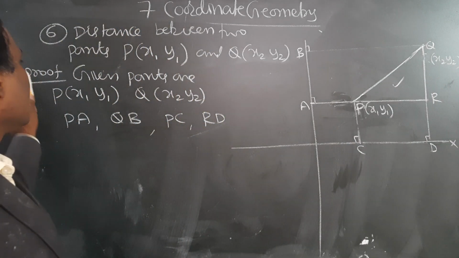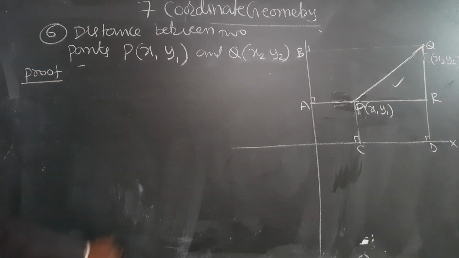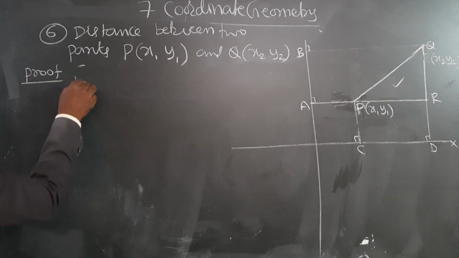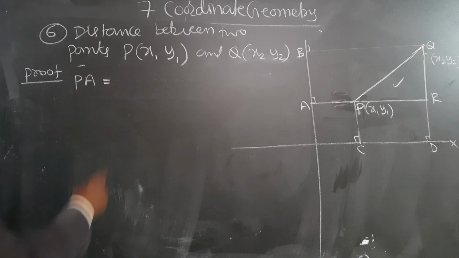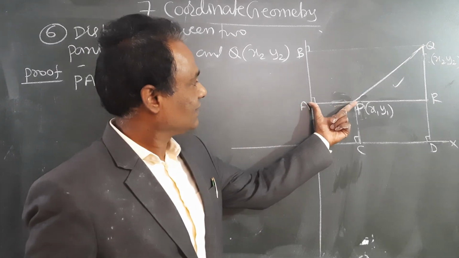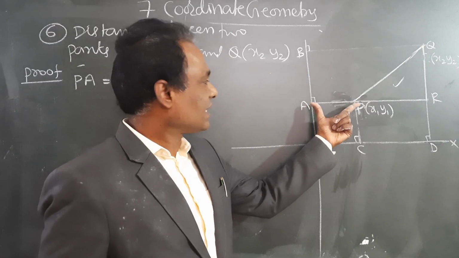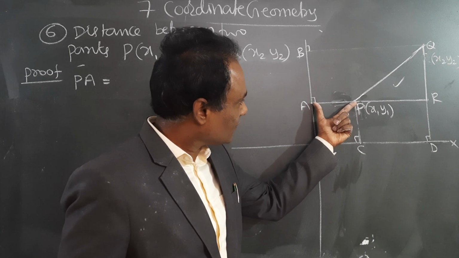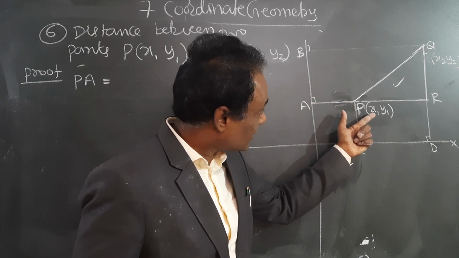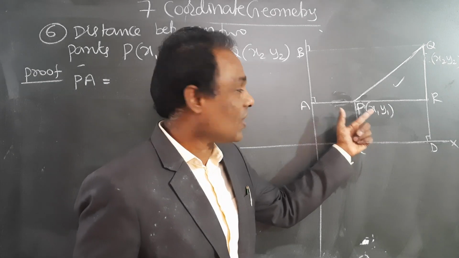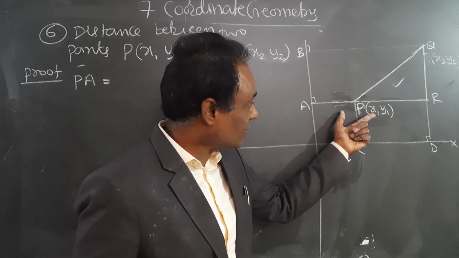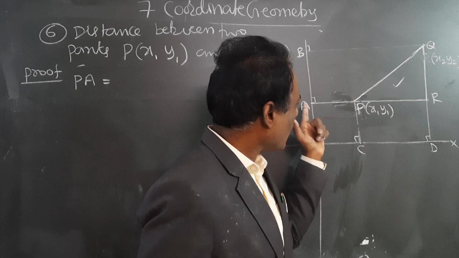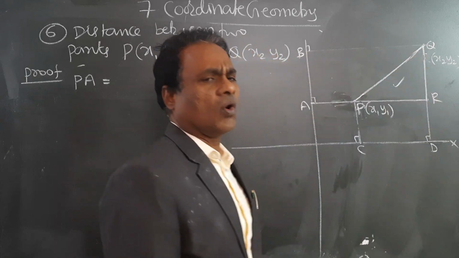Now students, see here. What is PA? What is this distance? This horizontal distance is x coordinate. You know, horizontal distance is always x coordinate.